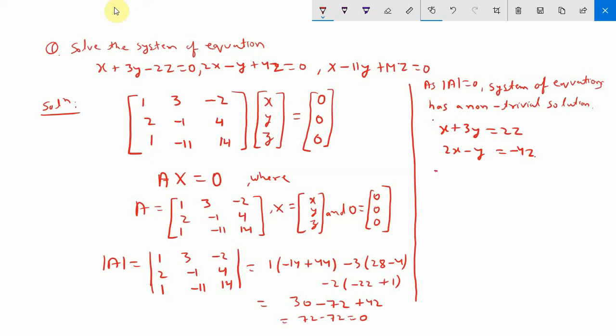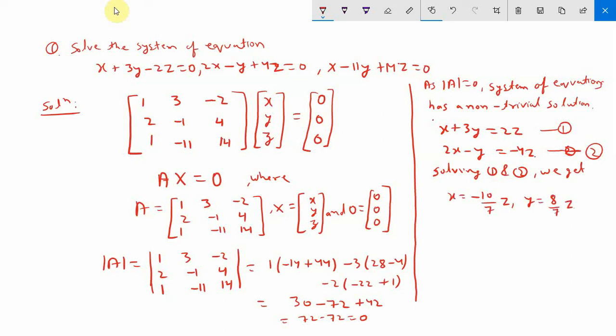Solving 1 and 2, we get x equal to minus 10 by 7 z and y equal to 8 by 7 z.